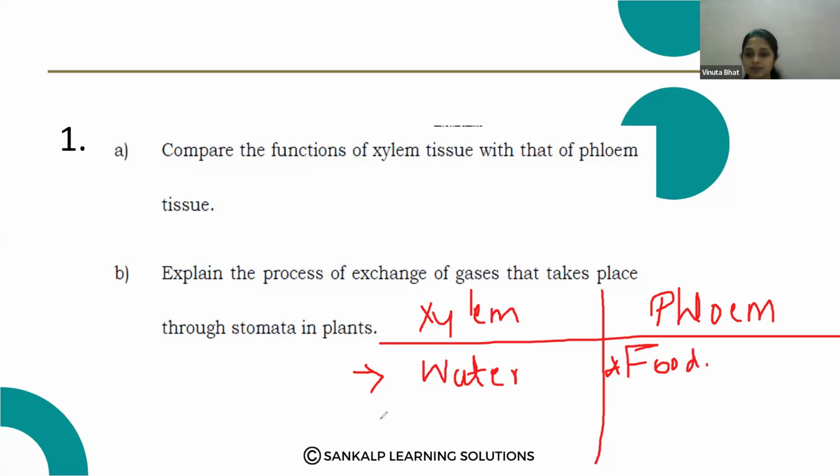So that is the main function of the phloem. Here, xylem transports the water in a single direction, but phloem transports in any direction, means the phloem transports in different directions. Okay, so that is one of the important points.